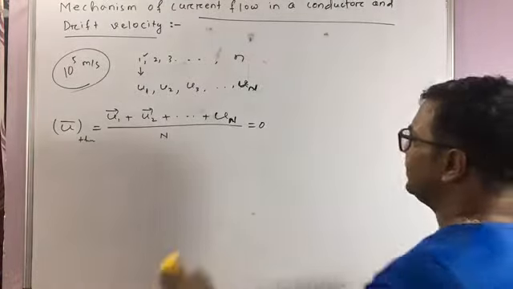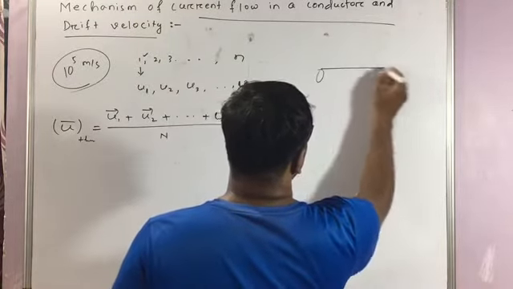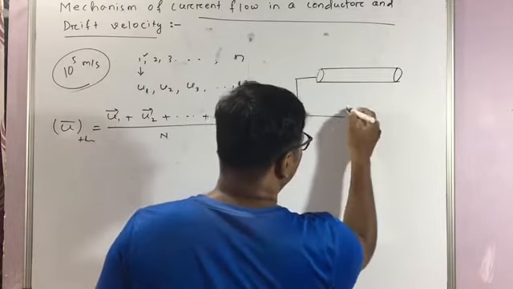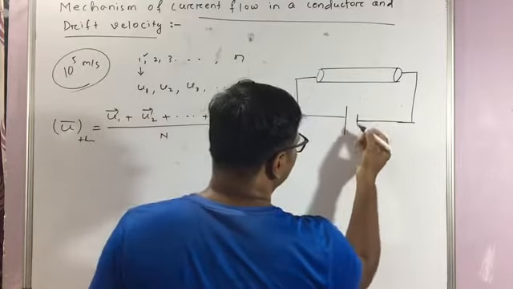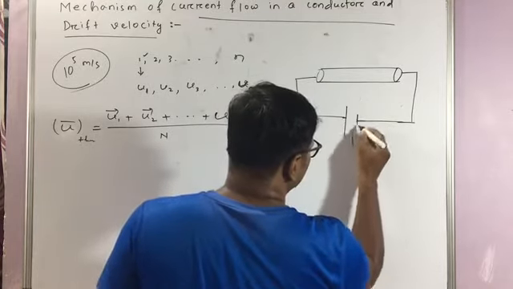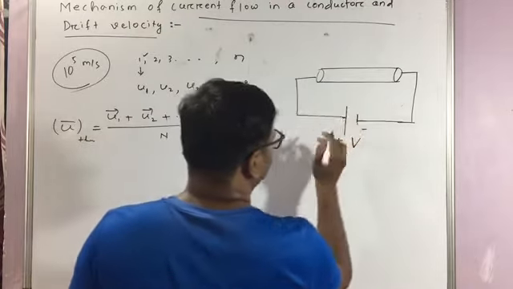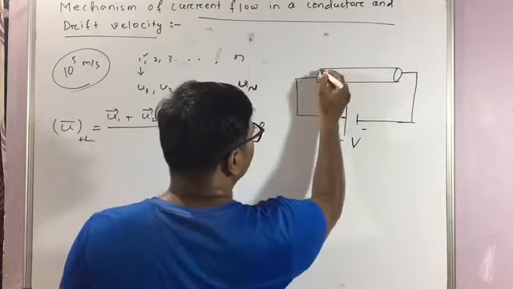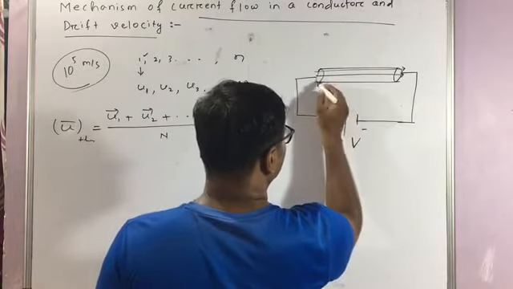Got it? Now, suppose you have a conductor here and you are providing an electric field. What is the electric field extra doing here? Suppose this is the negative terminal, this is the positive one, and this is your conductor. Because of this battery's potential, an electric field is set up inside the conductor in this direction.